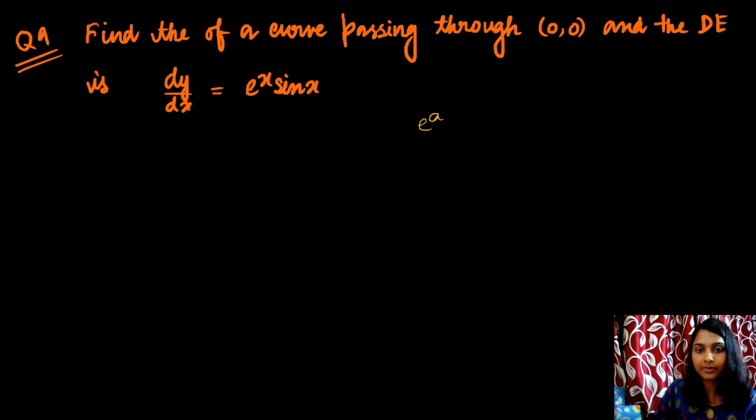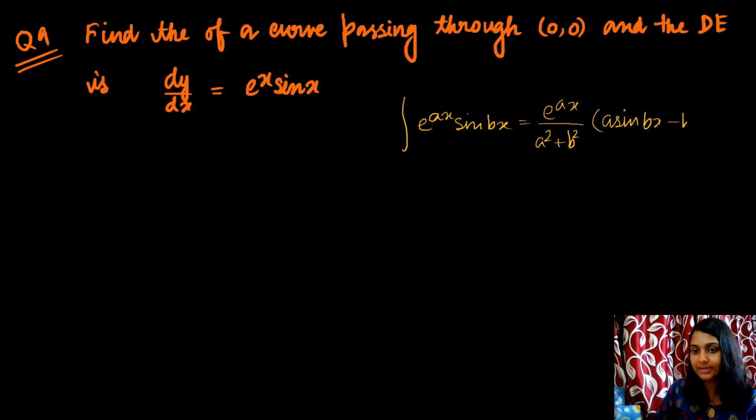So let me write the formula here. The integration of e power ax sin bx gives e power ax over a square plus b square, times a sin bx minus b cos bx.